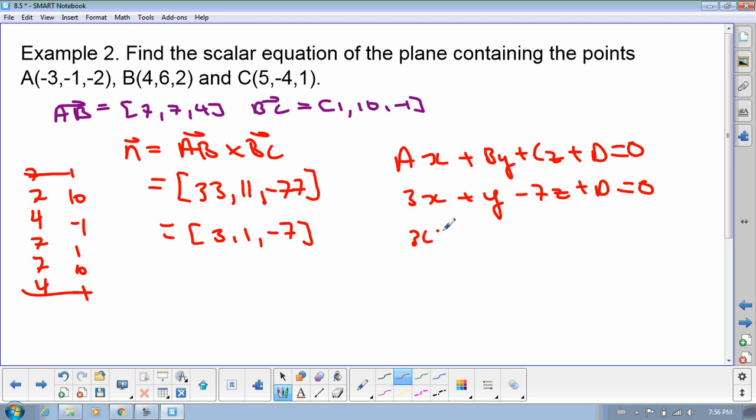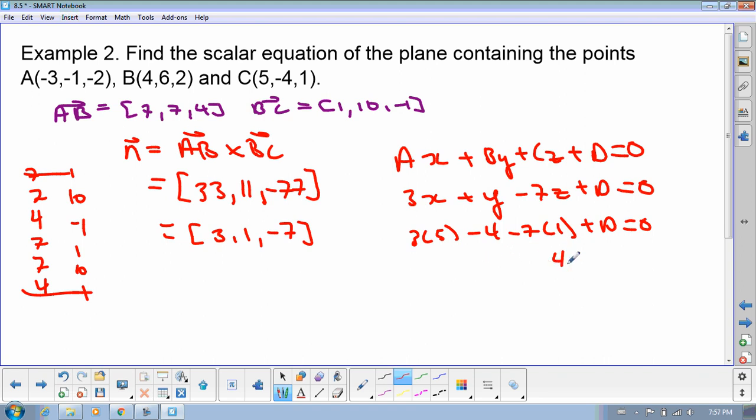So 3 multiplied by 5 minus 4 minus 7 multiplied by 1 plus D equals 0. So 15 subtract 4 is 9. No, 15 subtract 4 is 11, minus 7 is 4.